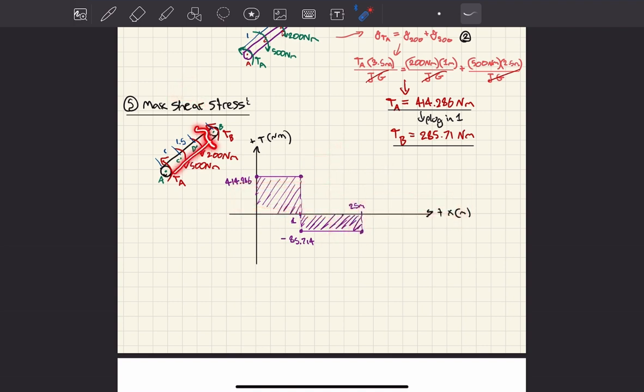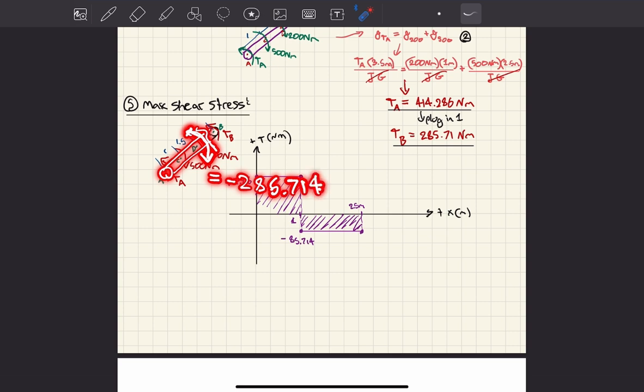If we look at this portion and find the torque at this cut, we got a negative, so it's clockwise, with a magnitude of negative 285.714.